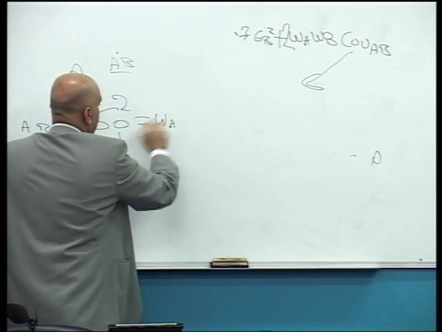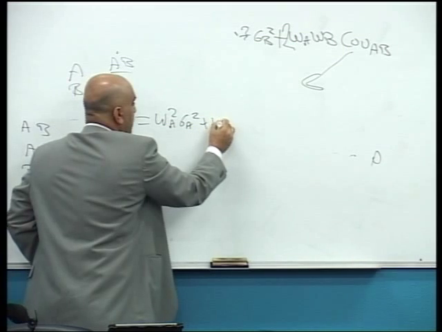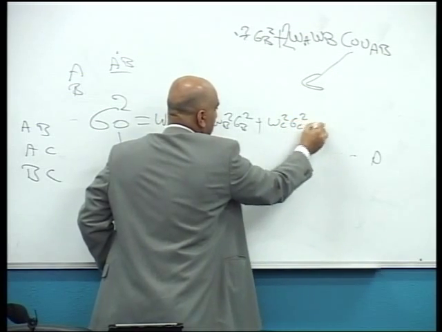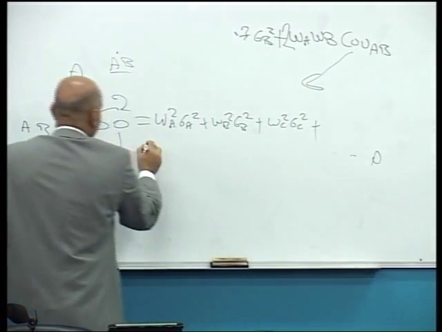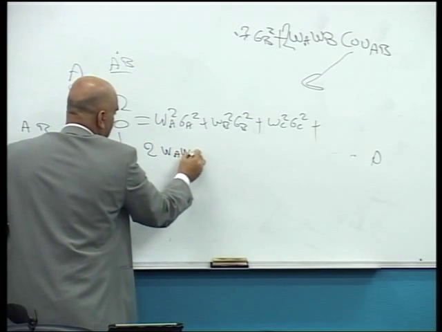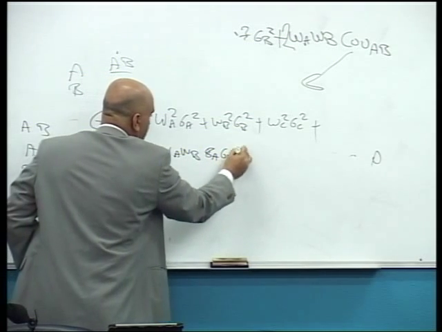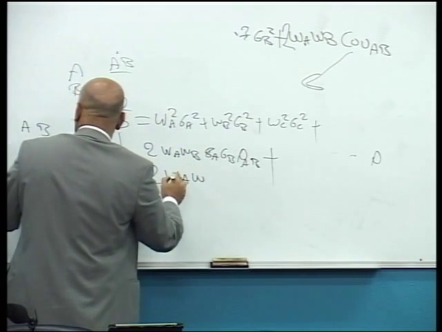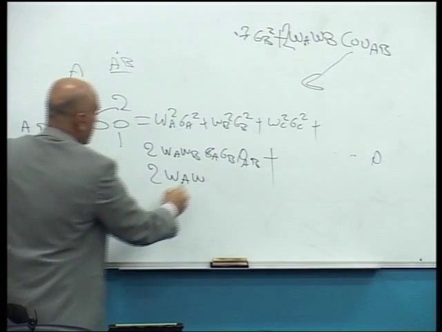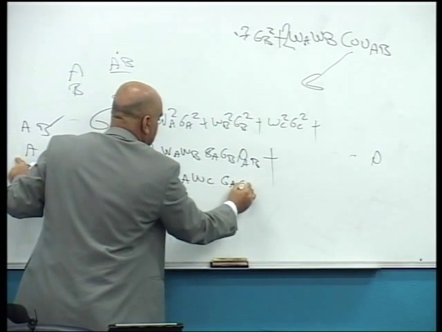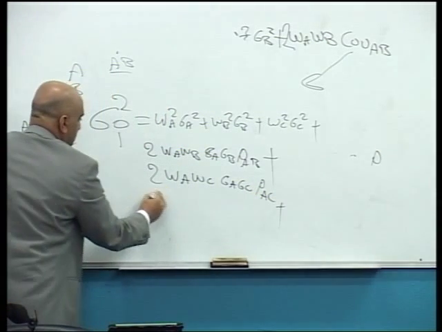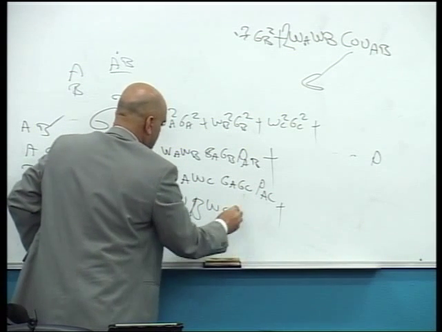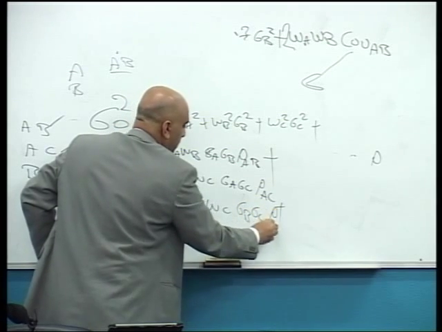It is W A squared, sigma A squared, plus W B squared, sigma B squared, plus W C squared, sigma C squared, plus 2 W A, W B, sigma A, sigma B, rho A B, plus 2 W A, W C, sigma A, sigma C, rho A C, plus 2 W B, W C, sigma B, sigma C, rho B C.